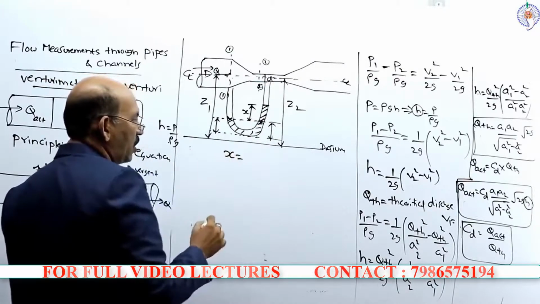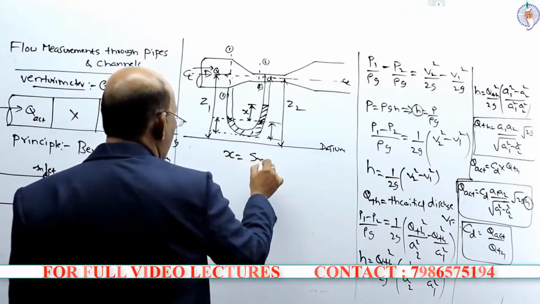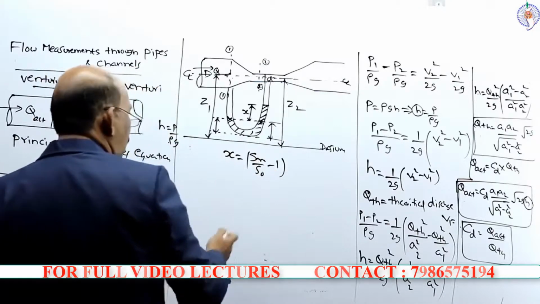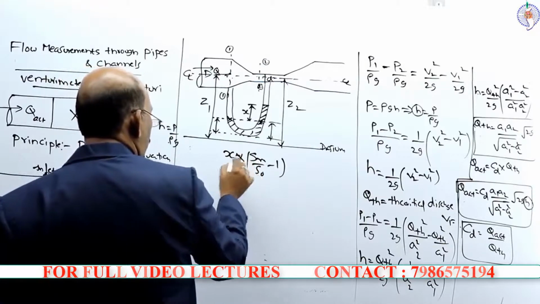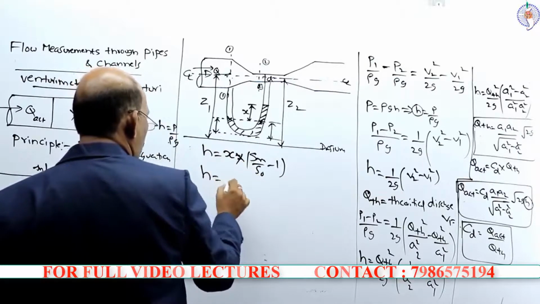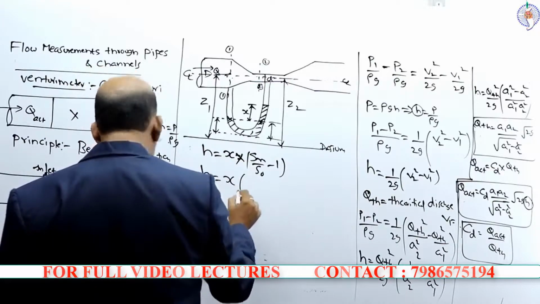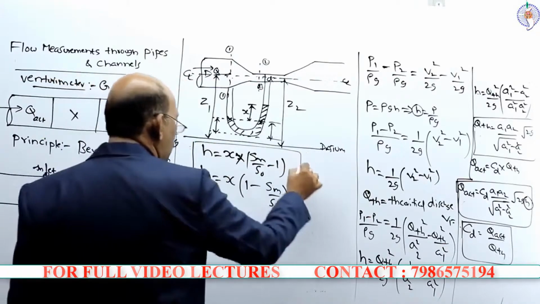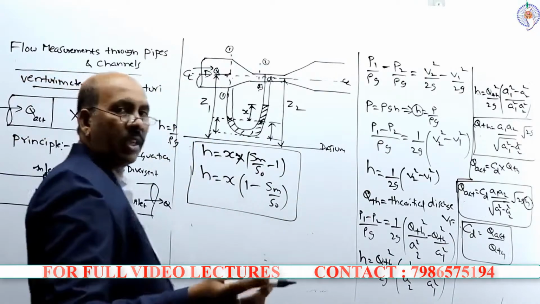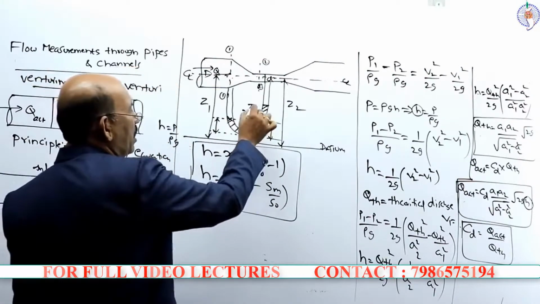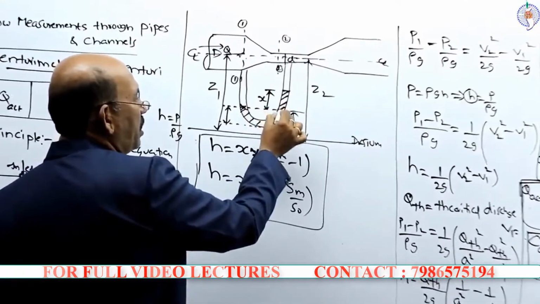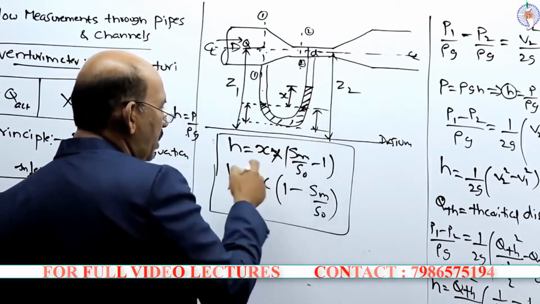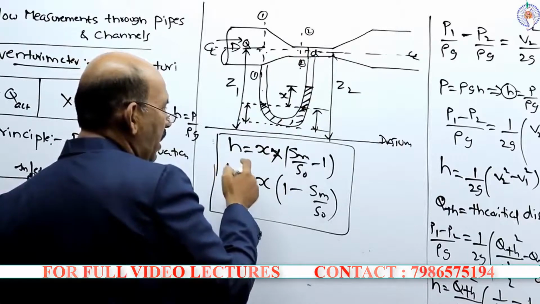The value of H is equal to X into (Sm by S naught minus 1), or X into (1 minus Sm by S naught). So when you apply the manometric equation, that means the pressure in the left limb is equal to the pressure in the right limb. Equating this, you can calculate the value of H here.